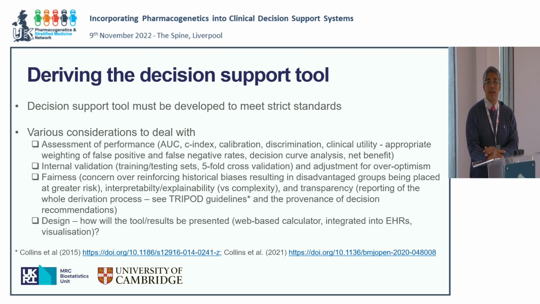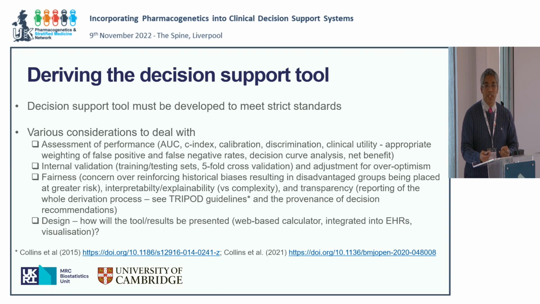One of the things that wasn't mentioned directly, but I think you alluded to it when you talked about inclusivity, was fairness. And we don't want a decision tool which reinforces historical biases. That's not a good thing, and therefore puts disadvantaged groups at greater risk.